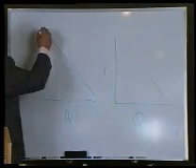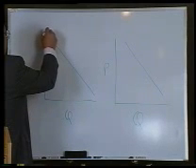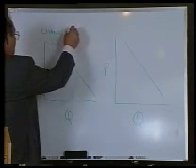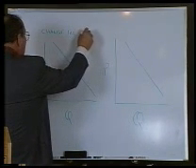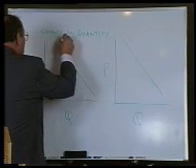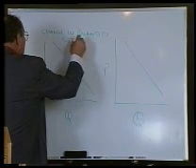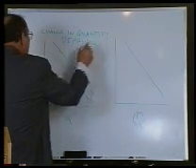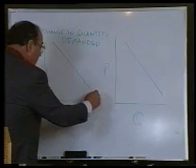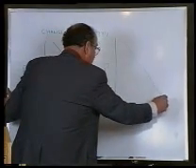Now, change in quantity demanded. I'm going to describe that first. We have a demand curve here. I'll put a D down here by it and D by this one.